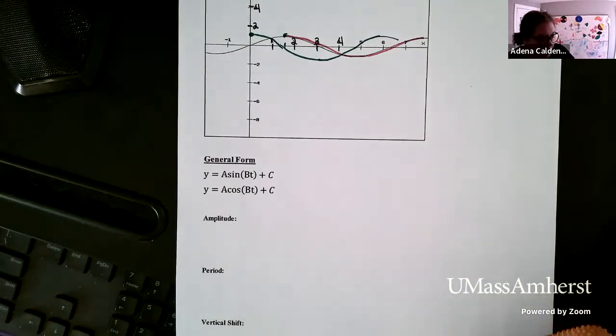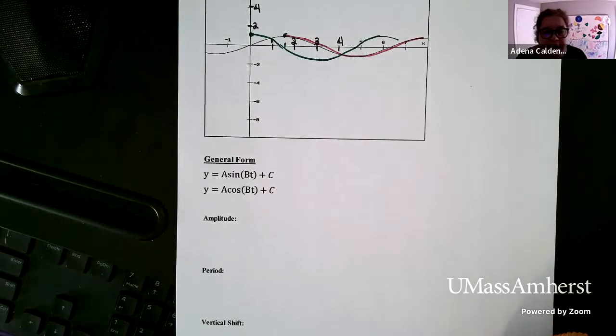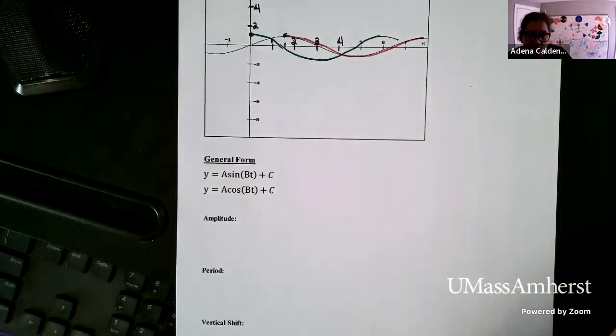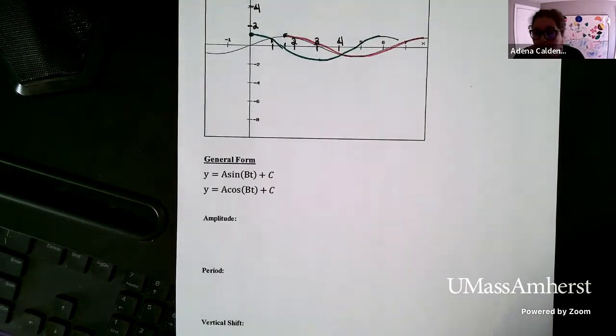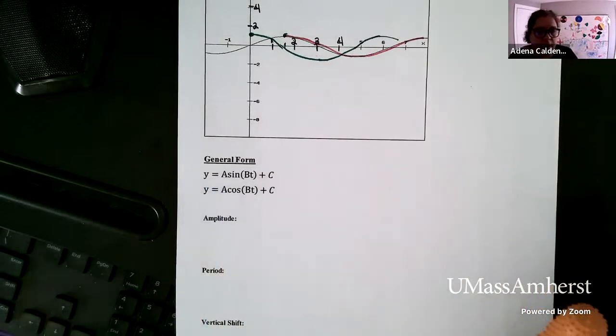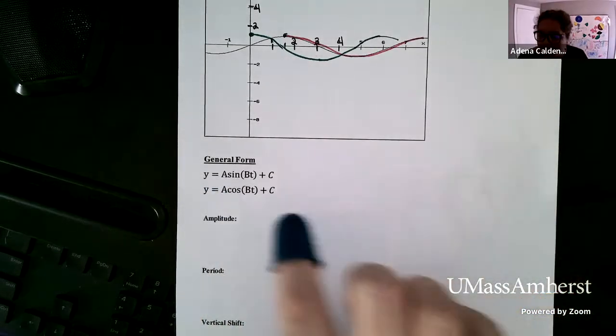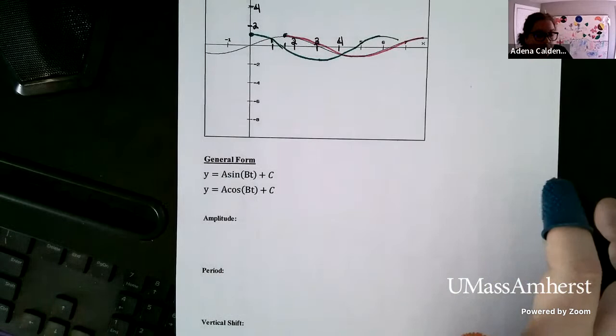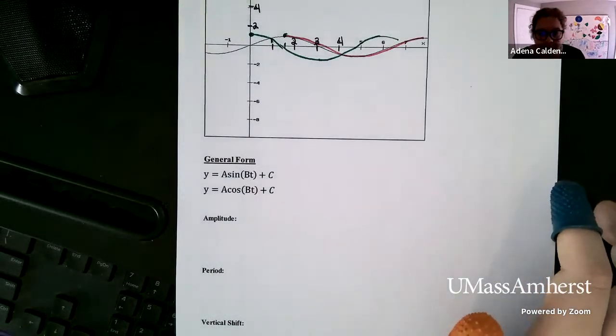Okay, well, I want to remind you that for a general sine or cosine graph, the amplitude was 1. So it lived between 1 and -1, and it varied by 1. So if we were to multiply sine or cosine by some number a, that would become the new amplitude, okay?